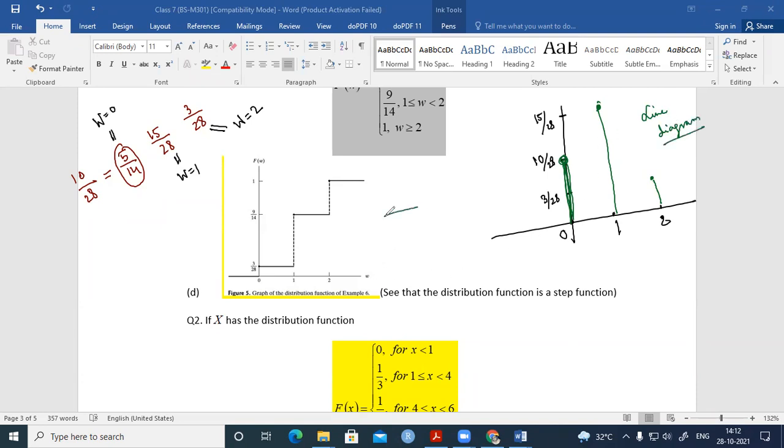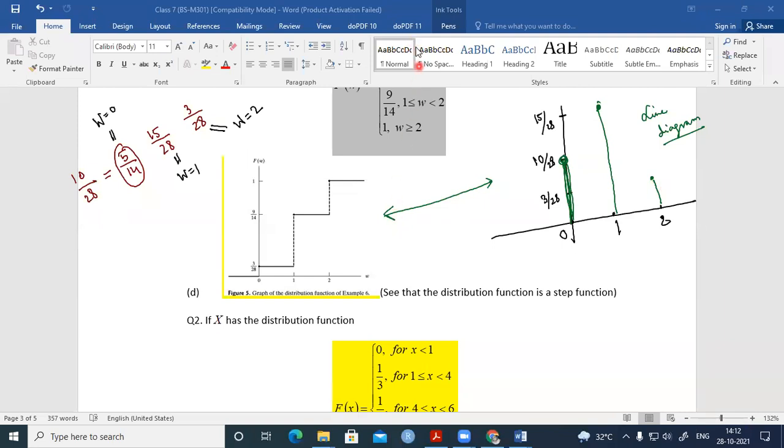If I compare these two figures together, you will see that there is a huge difference between them. This figure and that figure are not the same. The probability function figure is a line diagram, but this is a step function. This figure comes from the line diagram, and the line diagram can also be generated from this figure by the definition of the distribution function.